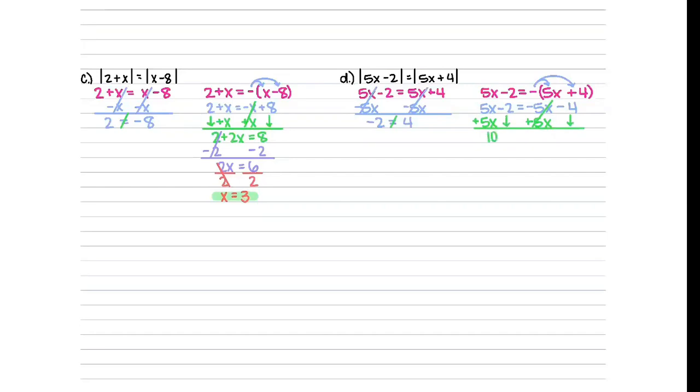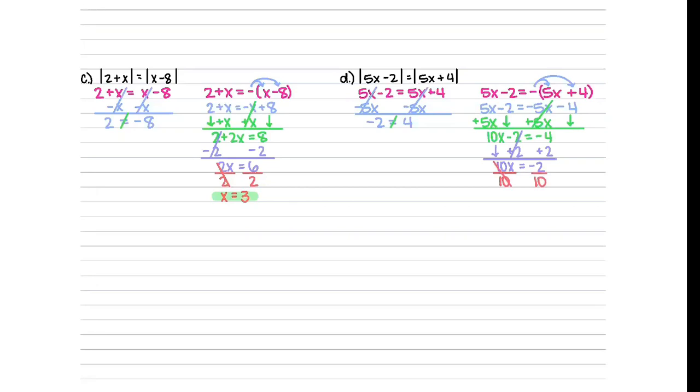So we have 10x minus 2 is equal to negative 4. We add the 2 to both sides. The 10x drops down. So 10x is equal to negative 2. Then we divide by 10. And get that x is equal to negative 1/5.